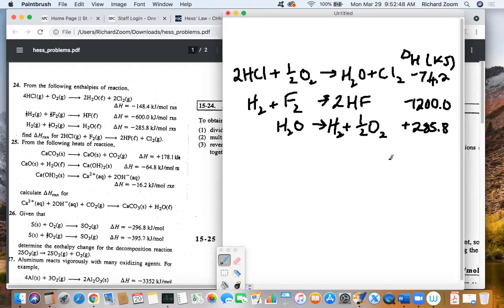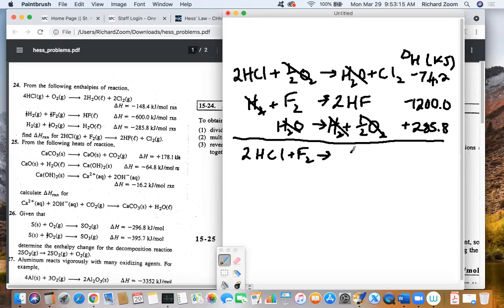Okay, I'll stop here for a second and make sure you understand why I had to do that. Does anybody have any questions? All right, so look what happens. The H2Os cancel now. The H2s cancel. The half O2s cancel. And all we're left with is what we need, which is 2HCl plus F2 gives Cl2 plus 2HF.